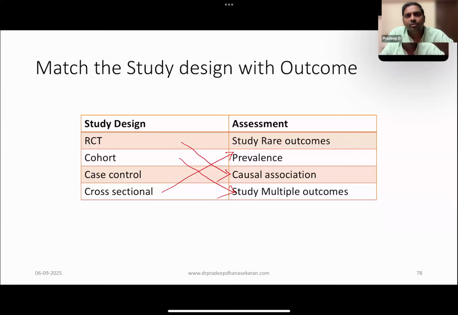So you have to find out who all the patients with malignant mesothelioma are and find out the risk factors associated with it. That is going to be a case control study. So case control study is used to study rare outcomes. Cohort study is used to study multiple outcomes because you start from the cause, then you move to the effect.